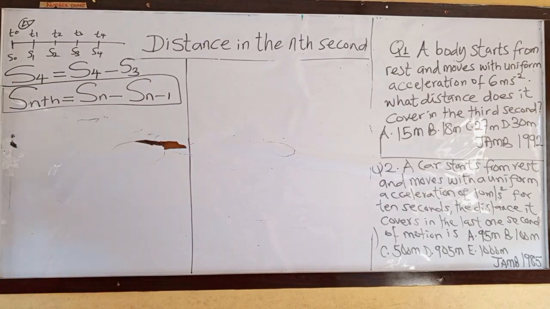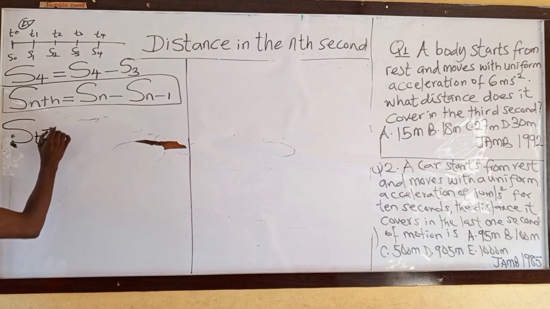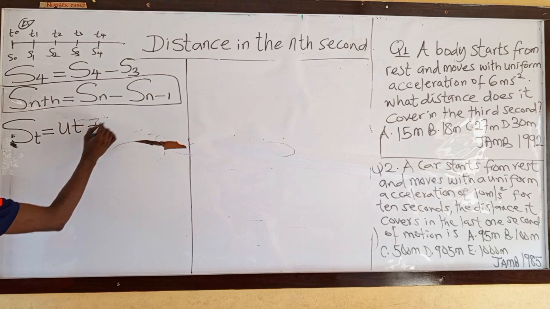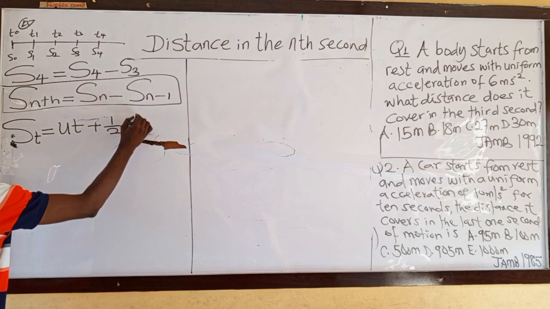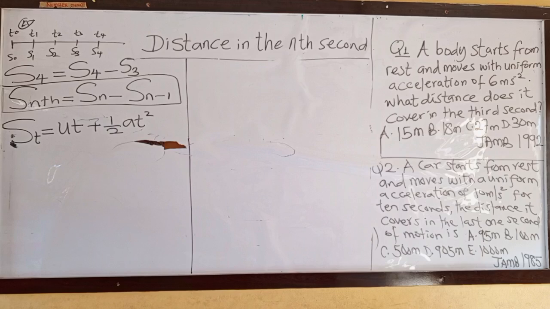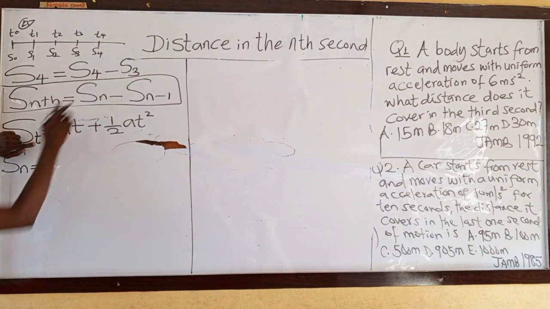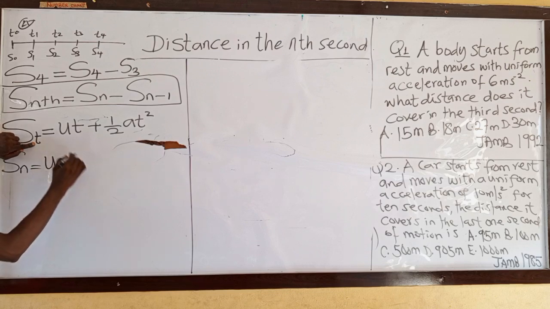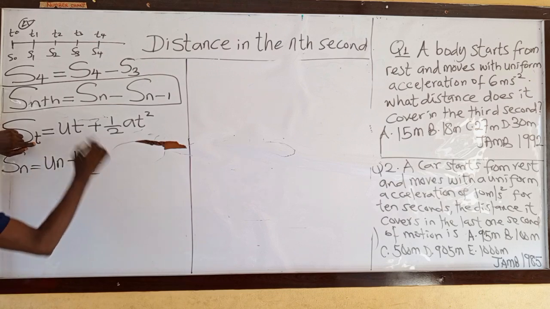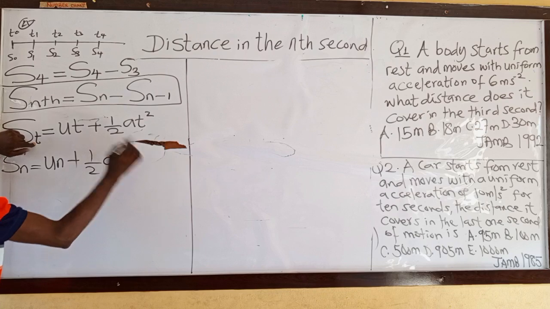Now, we recall that the distance covered by a body in time t is given as ut plus half at squared. Remember this? Now, if this is our n, our t becomes n. Anywhere we see t, it changes to n. So we have Sn equals un plus half an squared.